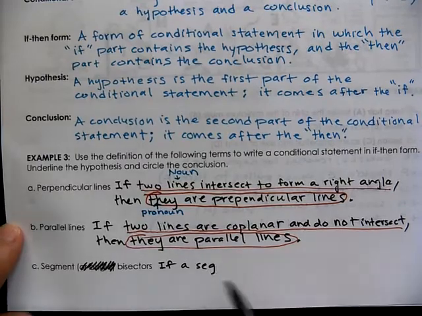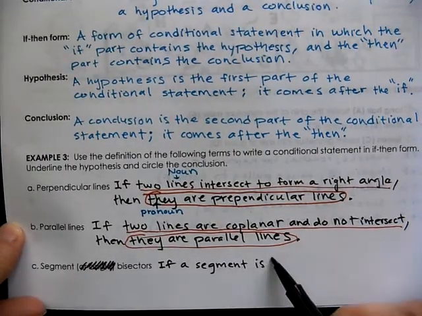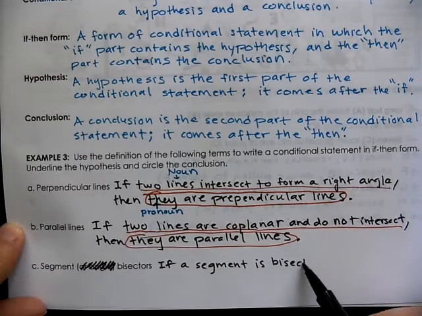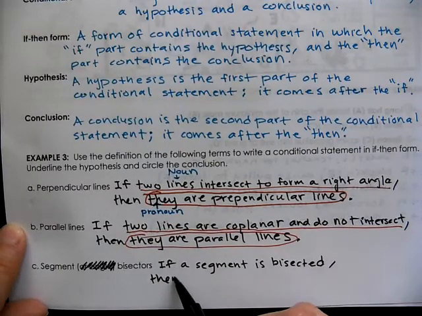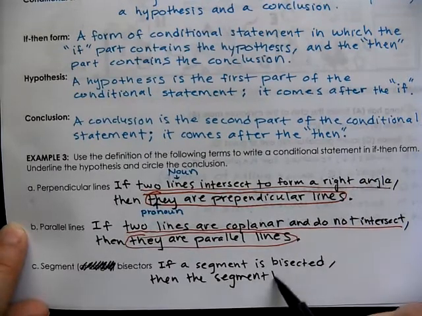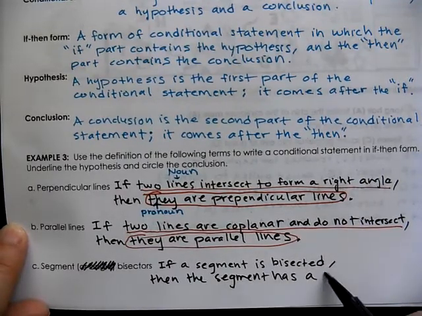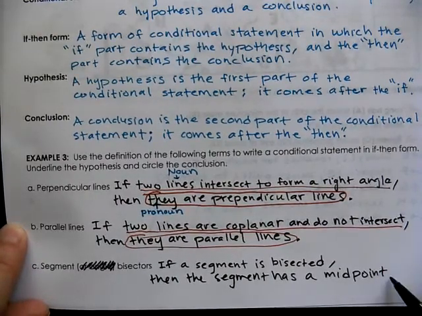If a segment is bisected, comma, then the segment has a midpoint. So no, this is the actual definition.